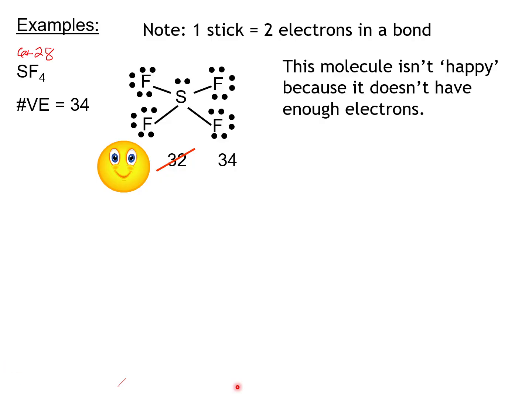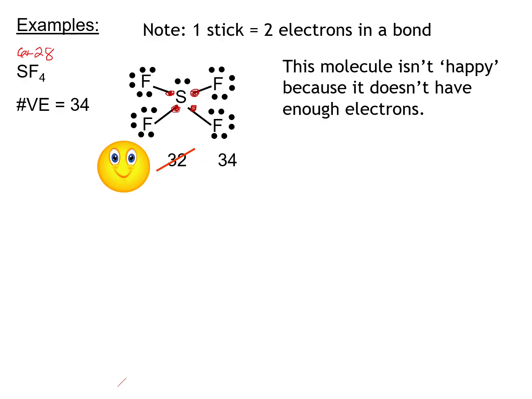Another way to look at it is that half of each bond came from the sulfur. So if you draw a little electron on there, and now count how many electrons from the sulfur are around the sulfur.